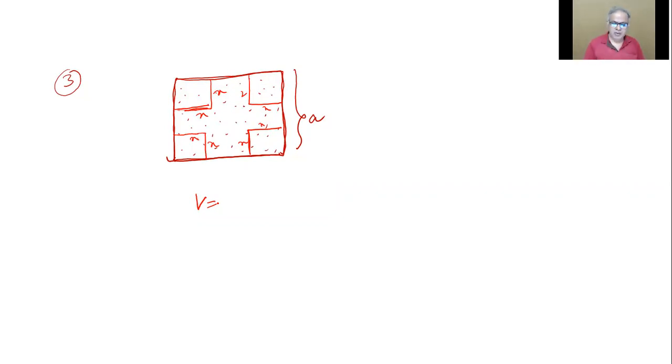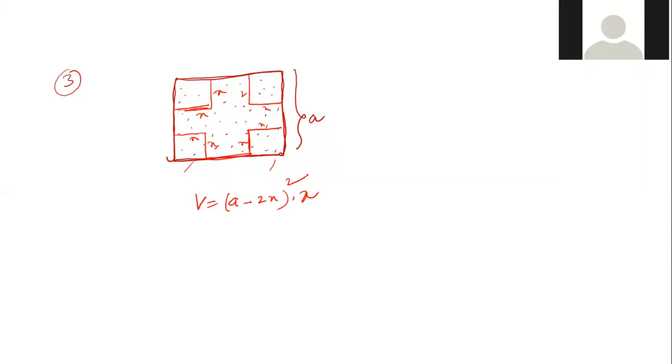So base area will be how much? From a, this is gone, this is gone. So how much is this? a minus 2x. So the volume is (a minus 2x) whole squared into x, isn't it?